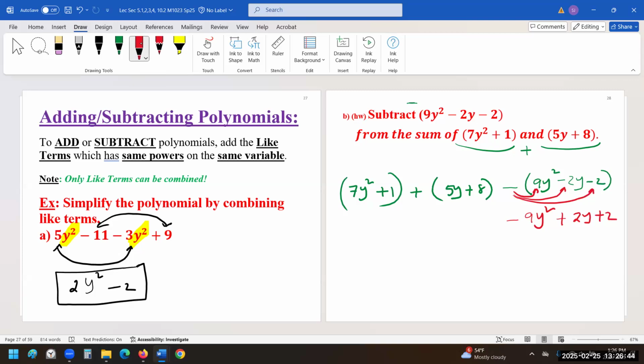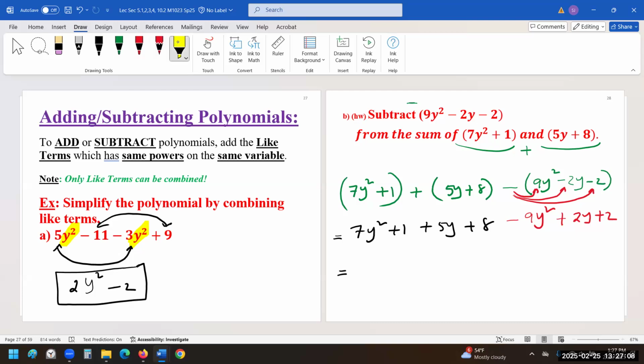Whatever you're subtracting changes sign, and whatever you add stays the same. So 7y squared plus 1 plus 5y plus 8, which most of you did not get correct. That's why answers are different from one another.